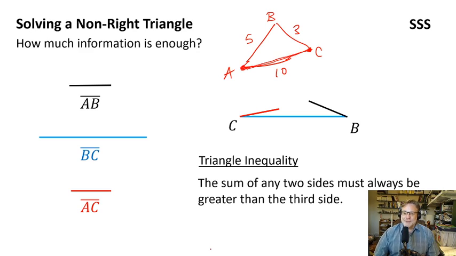So that's essentially what the triangle inequality is. It's a variant on the fact that the shortest distance between 2 points always has to be a straight line, which means that any one side of a triangle has to be smaller than the other two sides added together. And here we see an instance in which AB and AC add up to something that's still smaller than BC, and so these things are dangling.